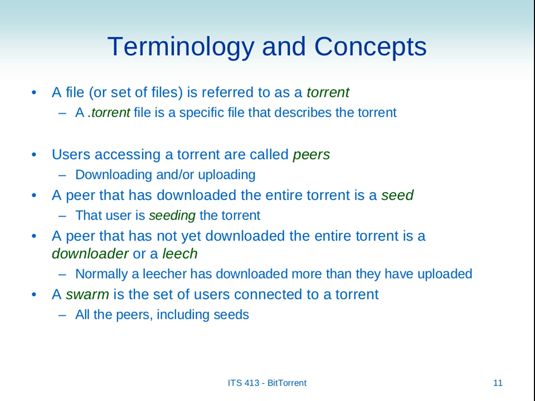While it's downloading, it's a peer and it's a downloader or a leech because it doesn't yet have the full torrent. And of course there may be other peers downloading. When this peer has downloaded the entire torrent, it has 100%, and it's referred to as a seed. And this one's a seed as well. It seeds the torrent for others to download from.